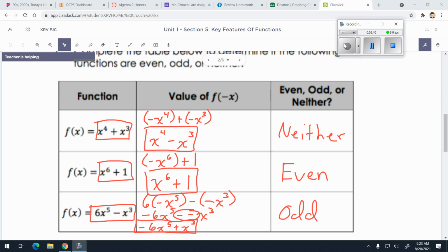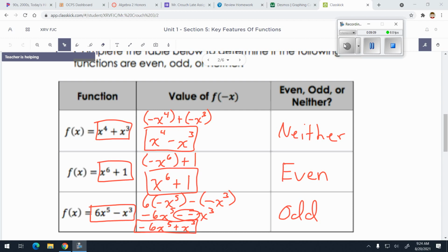I have an odd function. If you look here at the 6, that's an even, so I have an even function. What's the exponent of the 1? No, it's 0 because there's no x. Okay? And then up here I have a mix of even and odd, that's why it's neither.